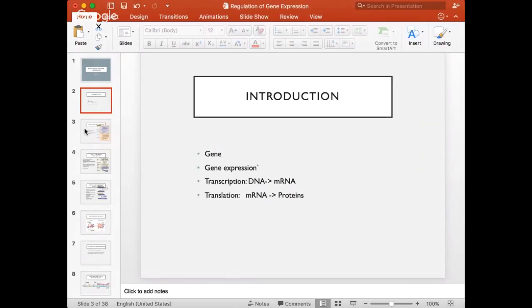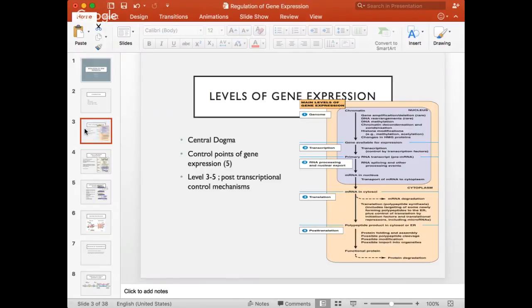So first of all, I'm going to be defining these terms. A gene is a DNA sequence that codes for a specific peptide. A genome is a complete set of genes in an organism. Gene expression is the expression of a gene that leads to the generation of a functional peptide. The key word here being functional, the peptide has to be functional.